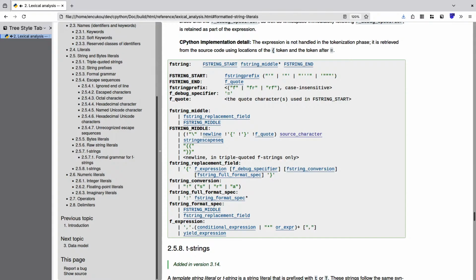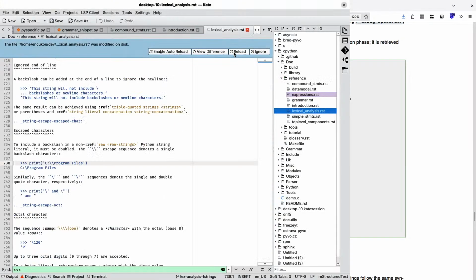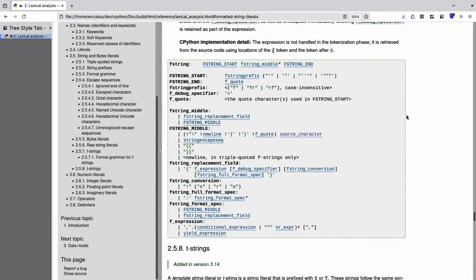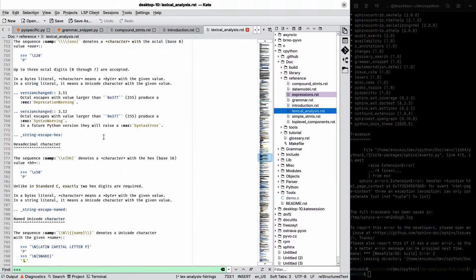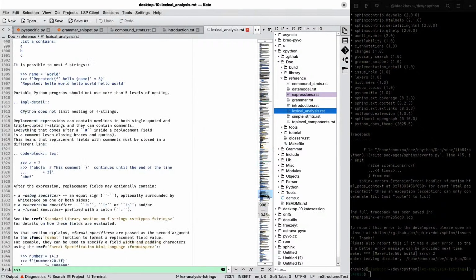I don't know how much you know about formal grammars. Just a little bit. Last I heard about those was at university. Well, last I studied them in detail was in university.